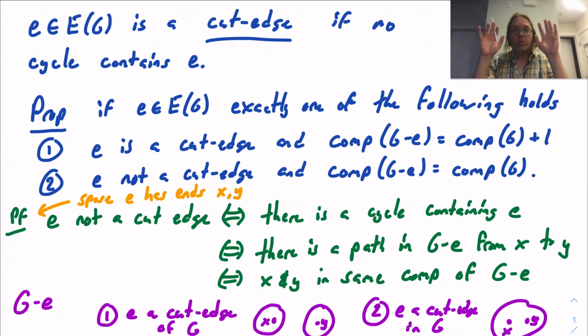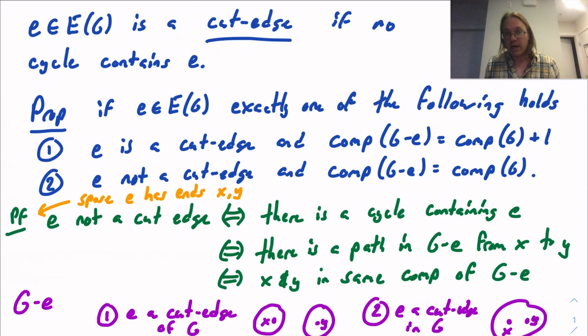Those two components are going to merge when you go back to the original graph, right? Because they have this connected component and this connected component in G delete E. When you add the edge E back, suddenly this whole thing is going to be a giant connected subgraph, and that's going to be a component of the graph G.